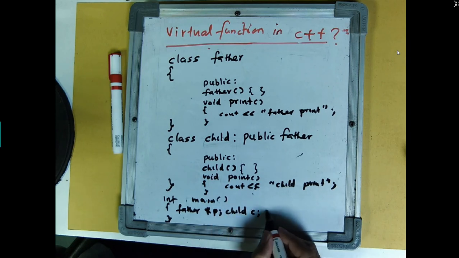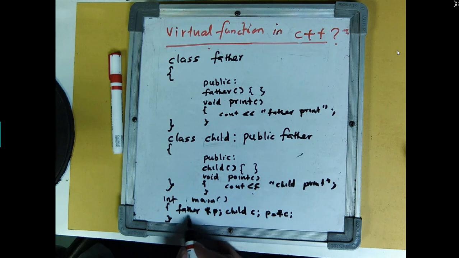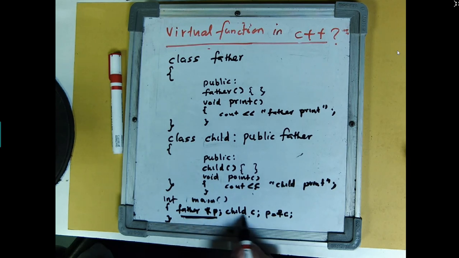Now p is initialized with ampersand of c. That means p is a father type, but you are assigning it a child object.